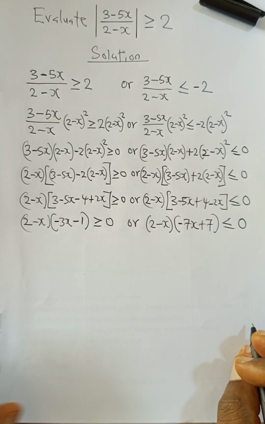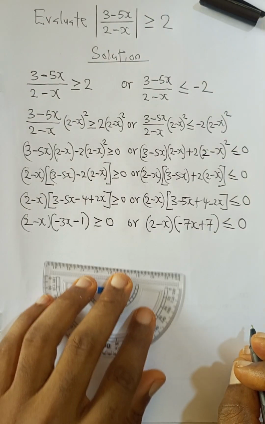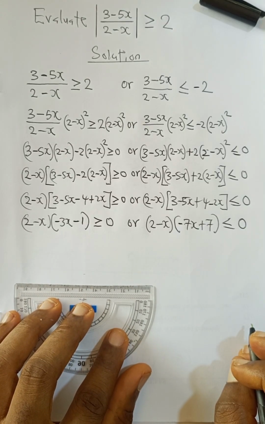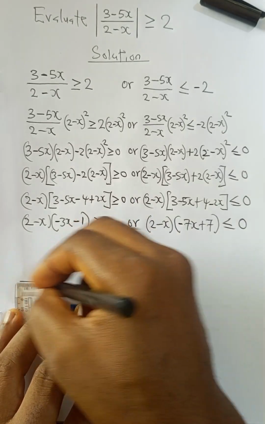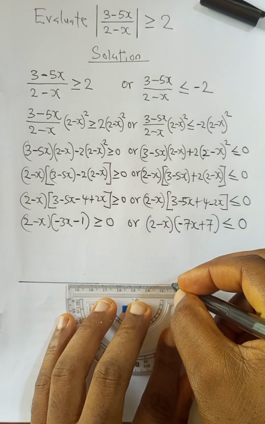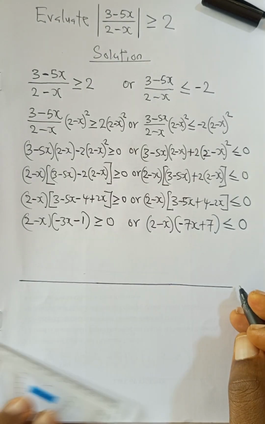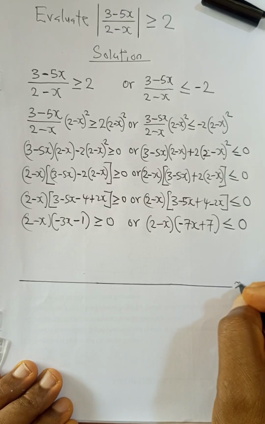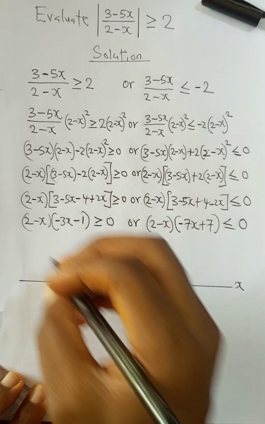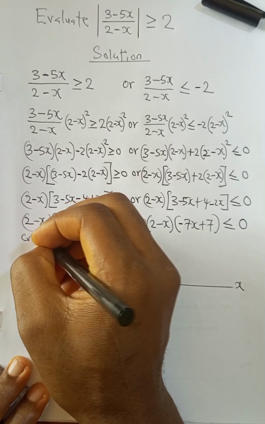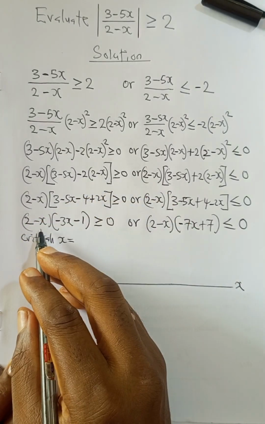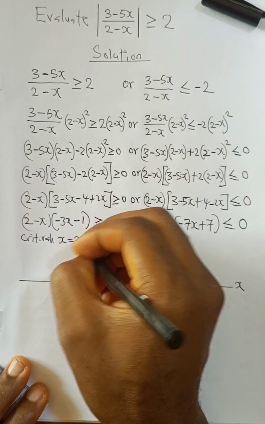So from here, we are going to draw a long number line to represent it. Follow me carefully. This is x. Oh, we've not gotten the critical values. What are the critical values? If we solve this equals to 0, x will be equal to 2.